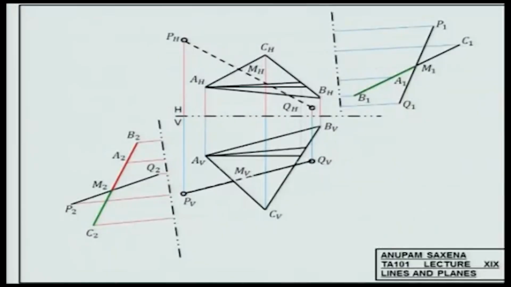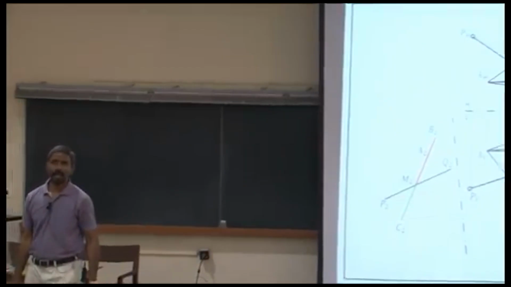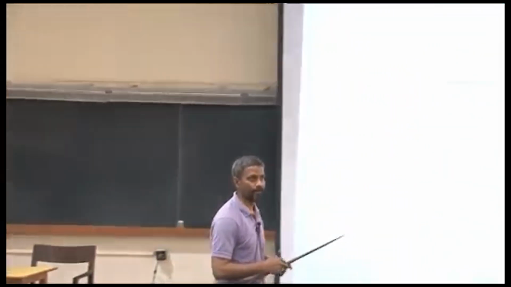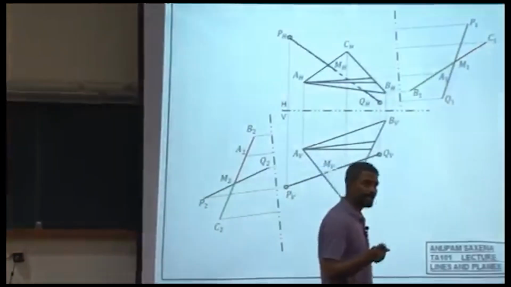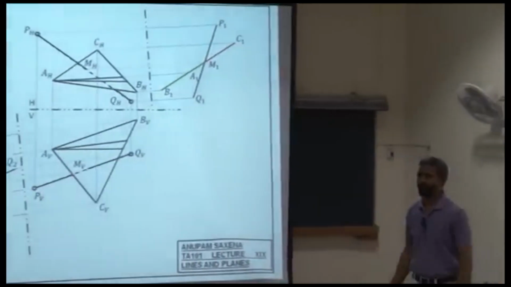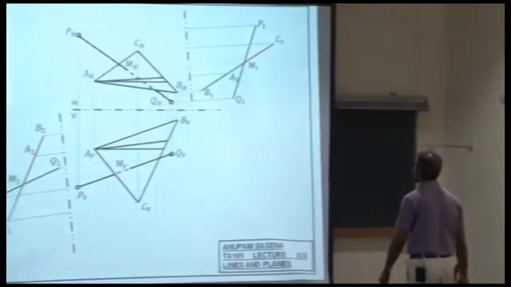The bottom part will be hidden. The top part will be solid. And the switch has to be at the intersection point. So, keep that in mind. The switch between hidden and solid has to be at the intersection point. Otherwise, it doesn't make sense.